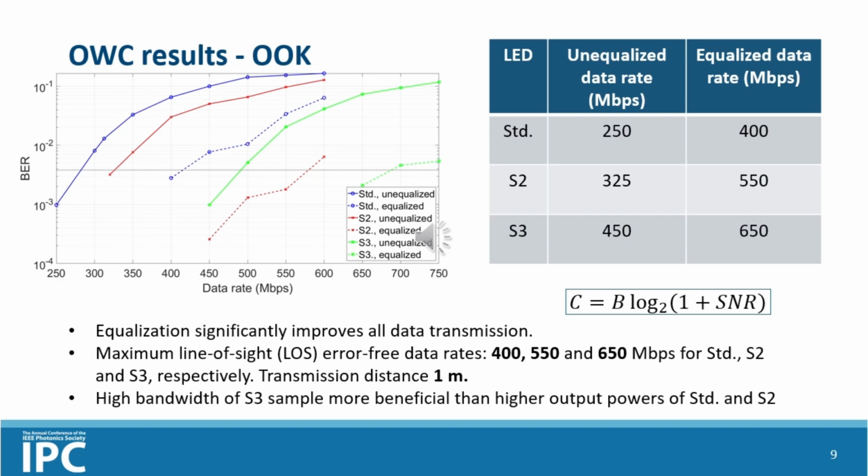We can see that the equalization always improves the results for a given LED, and that the highest data rates were achieved from using the small S3 sample. From that, for the on-off keying results, we can conclude that the high bandwidth, low output power S3 sample performs better than the high power, low bandwidth standard sample and the S2 sample. The highest data rate that we achieved using on-off keying was 650 megabits per second.